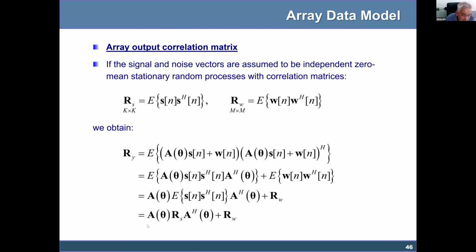Now, typically, the number of sensors M is greater than the number of targets K. So A is an M by K matrix.